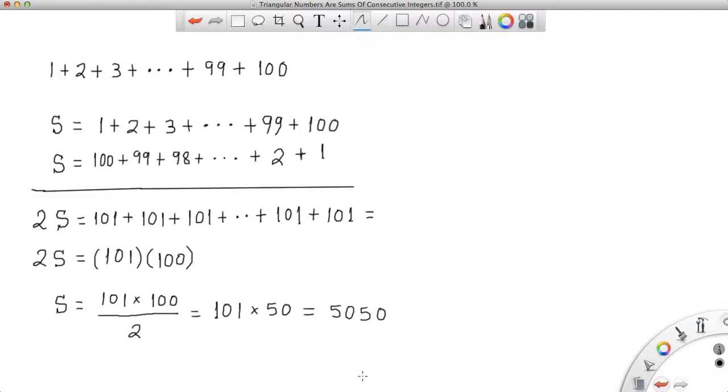Now, for the general sum, when we are extending this method of calculation to an arbitrary number of numbers that we are adding, let's call it n, equals the number of terms in this particular sum for a triangular number.